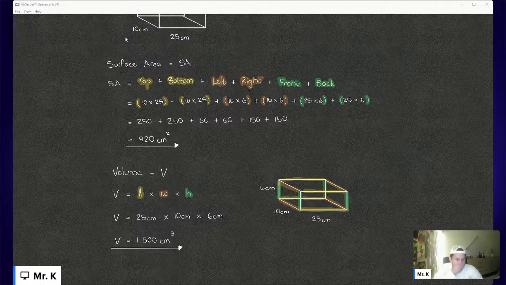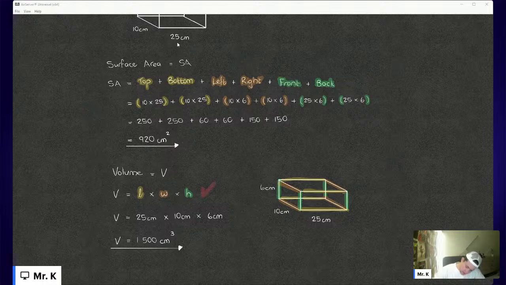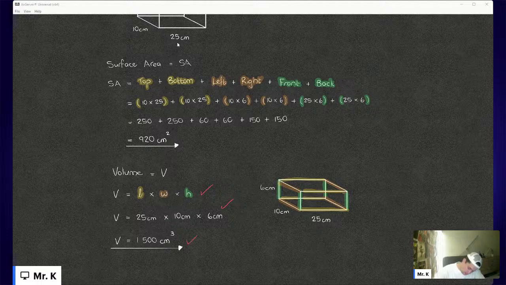Remember, guys, there are a lot of marks to be earned in a question like this. In a volume question, you would likely get 3 marks if it's something simple like this. Okay, so you already get 3 marks for your volume. Surface area, however, you will get 1 for each different calculation and 1 more mark for recognizing that there's a duplicate of each, and 2 marks for your answer.